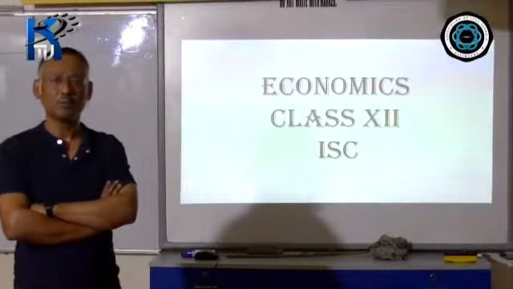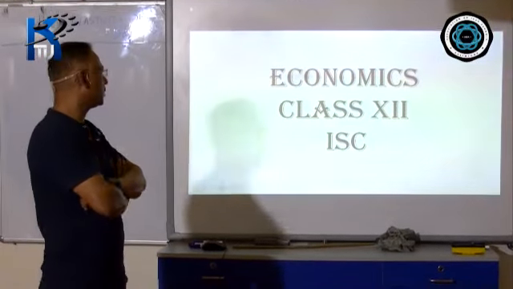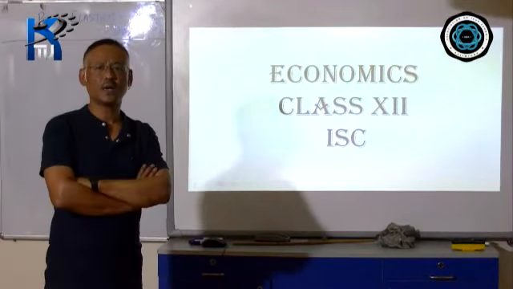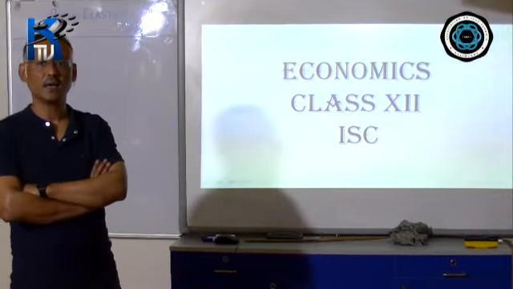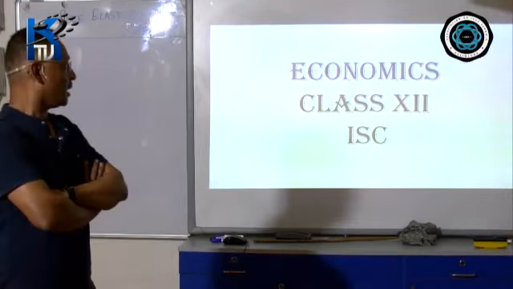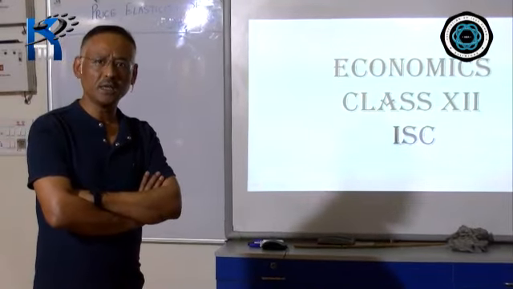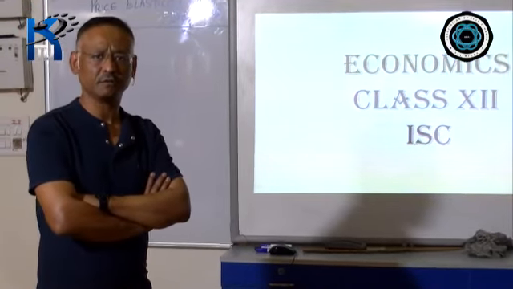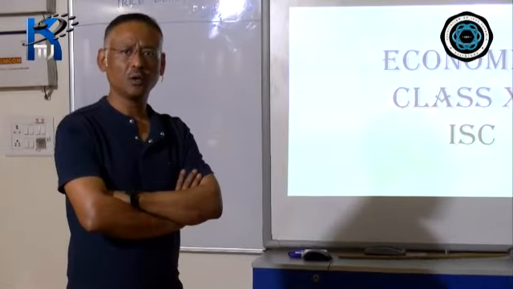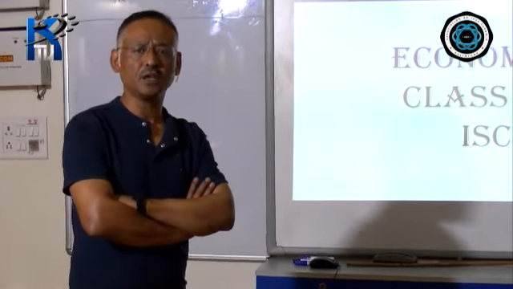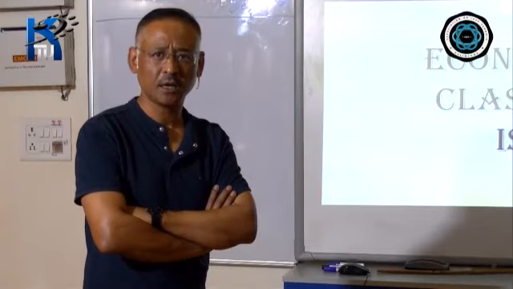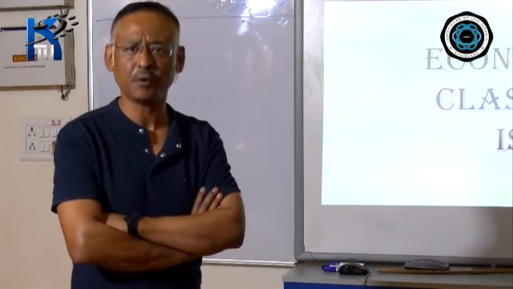Hi, welcome back to Economics Class 12 ISC 2021. The last class, I was discussing about the movement and shift of the demand curve. Here, we saw that movement of the demand curve takes place when there is a change in the price.